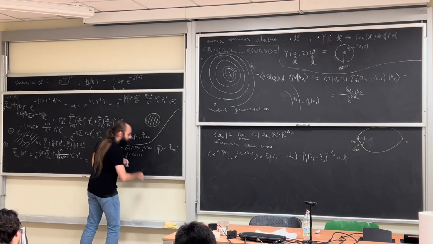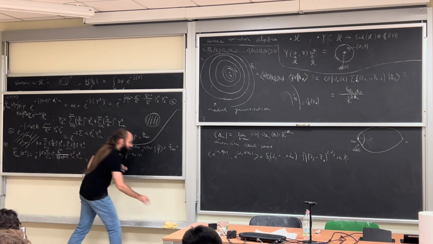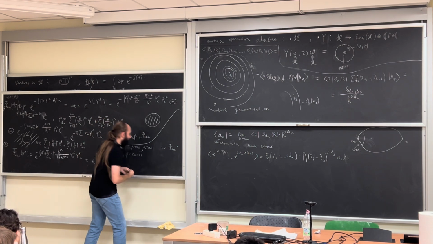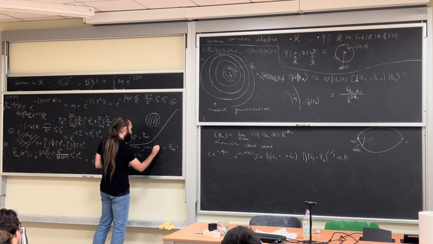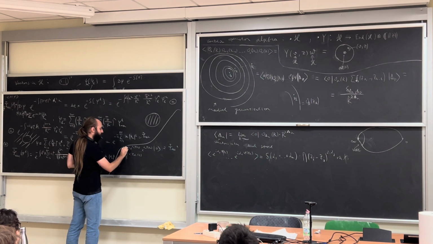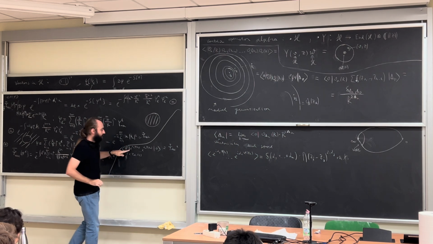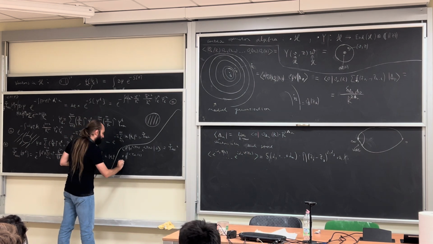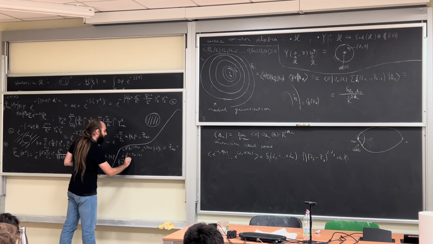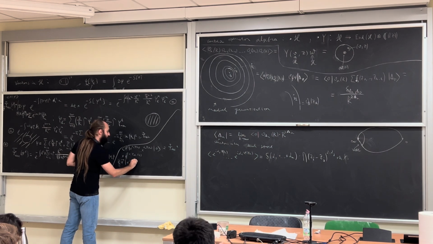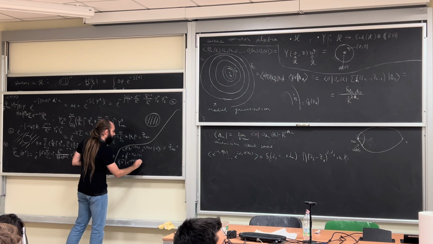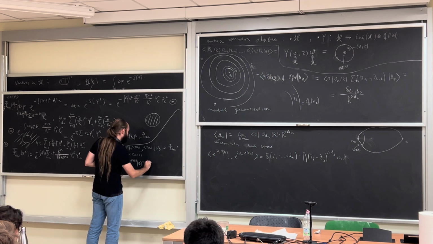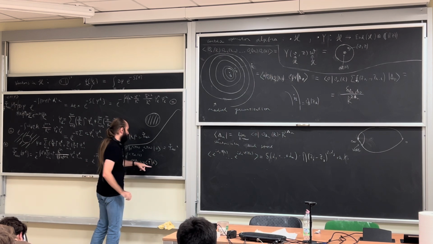Maybe it's better to write this product in the other way. In particular, if we consider this scalar product, when we have e to the i alpha phi of 0 acting on a vacuum, which is the same as the state phi alpha, this state.